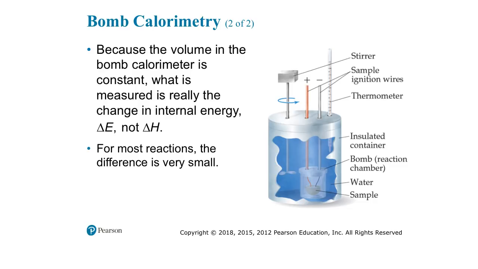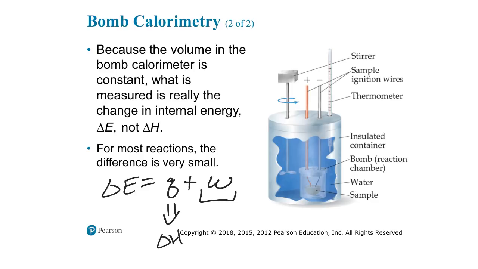So we see an example here of a bomb calorimeter problem. Oh, excuse me, before the example, one other slide. Because the volume of the calorimeter is constant, the thermodynamics works out slightly differently. The calorimeter itself is measuring ΔE, where ΔE has that relationship to Q plus W. Work here is not going to disappear like it does for the open system, and Q is the one that's going to relate to ΔH.